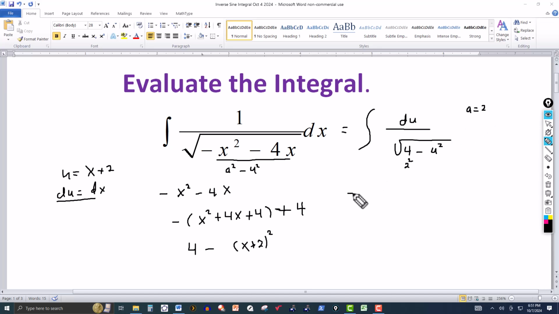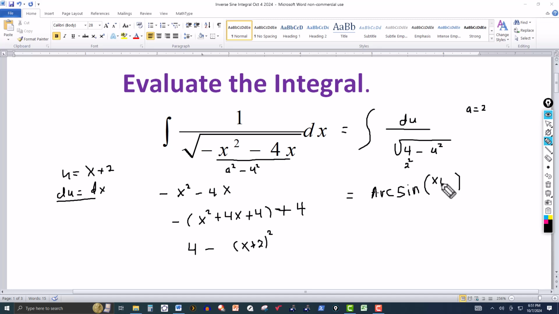Then I can go directly to the formula now. If I have it in this format here, the formula said it's always going to be arcsine of u over a. You could call it sine inverse if you want. In our case, our u is x plus 2. Remember, we have to give the answer in terms of the original variable.